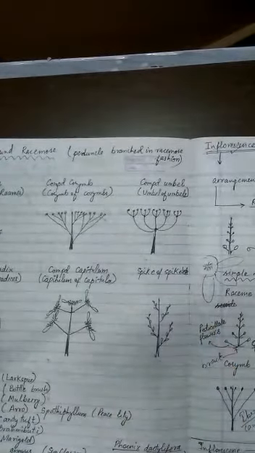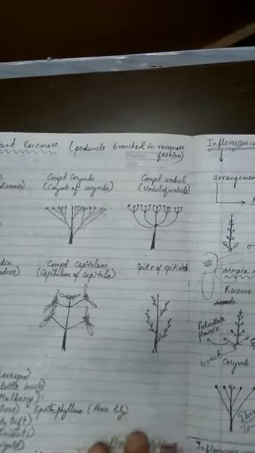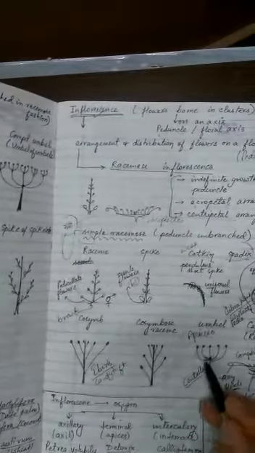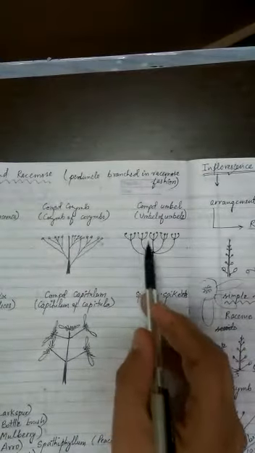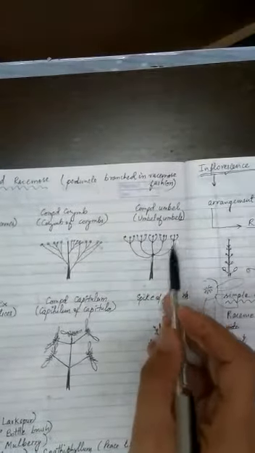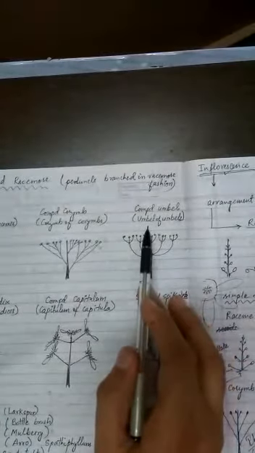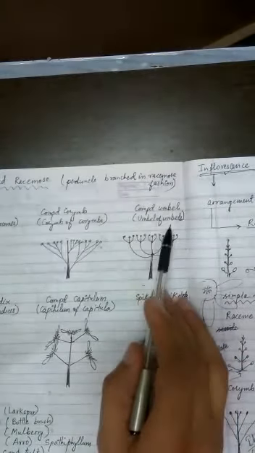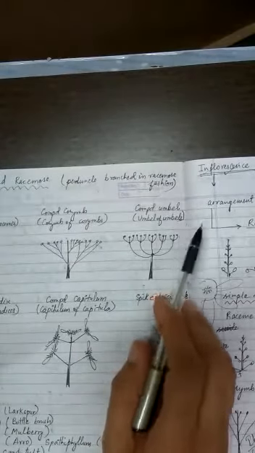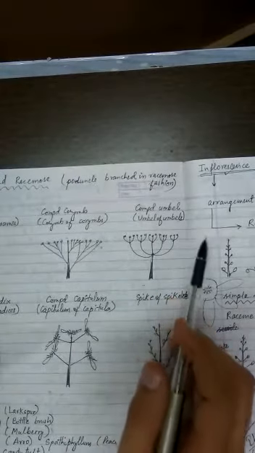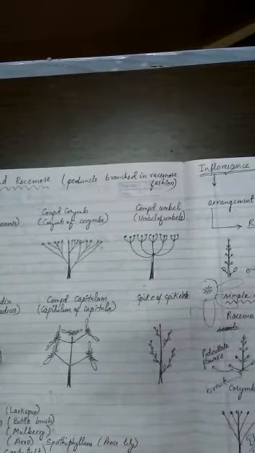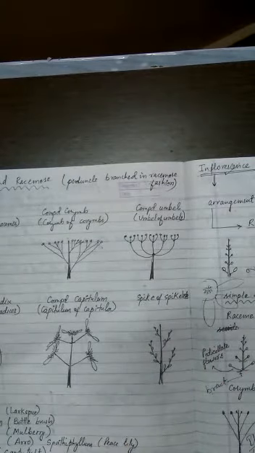Compound umbel is again a modification, where the axis is first branched, and then the branches will have flowers arranged on them. This is characteristic of the Apiaceae family. Compound umbel is also called umbel of umbels. For example, carrot, fennel, cumin, coriander. All of them come into the Apiaceae family or Umbelliferae family.